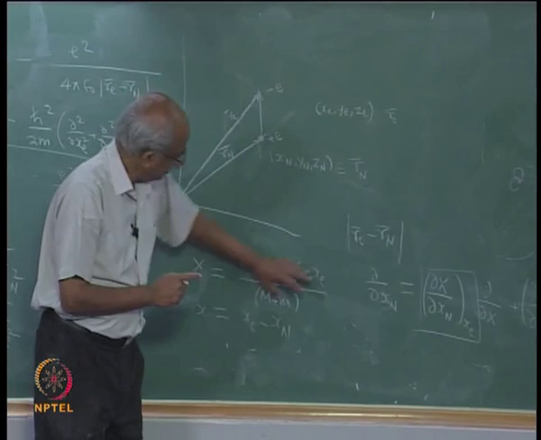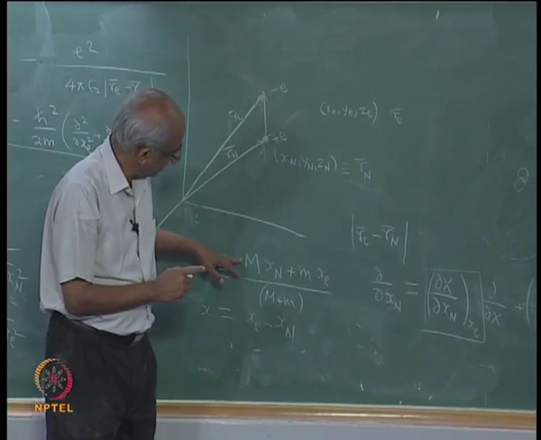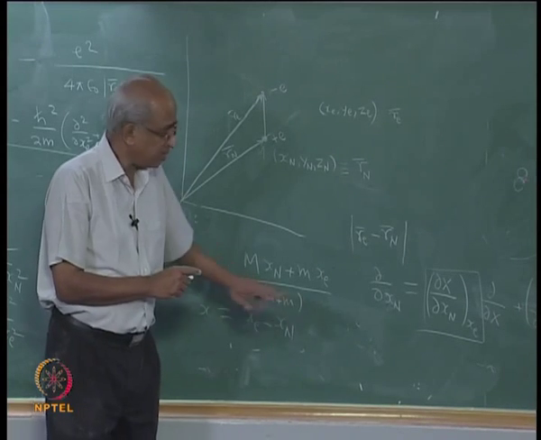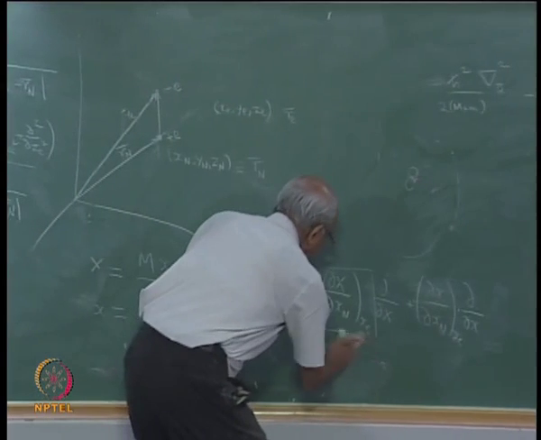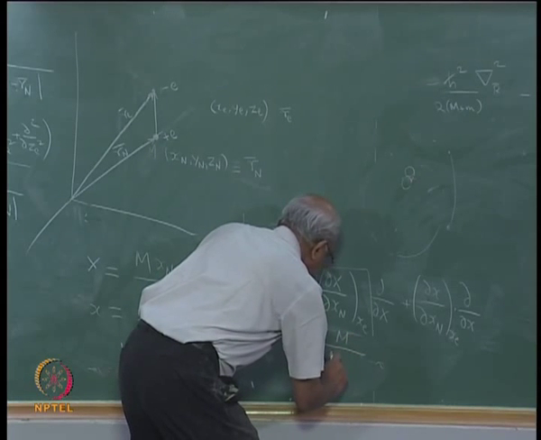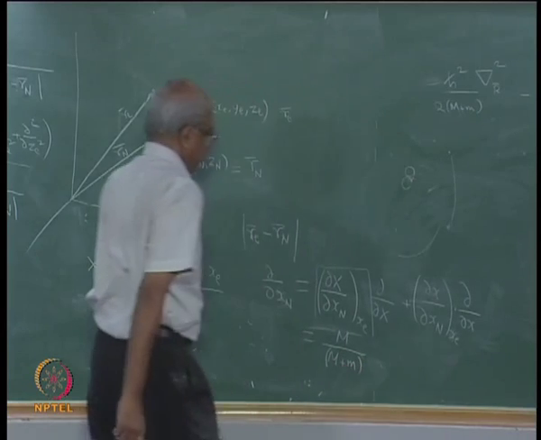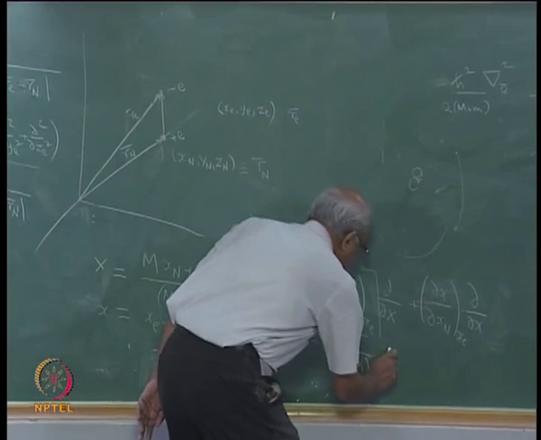So, what is the answer? The answer is capital M divided by capital M plus small m. So, this is actually equal to capital M divided by capital M plus small m into dou by dou capital X.